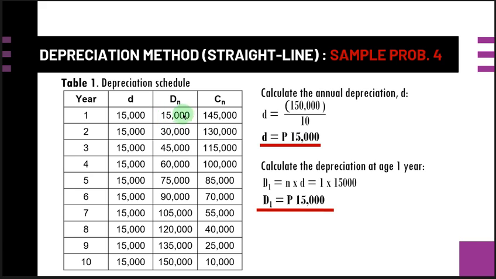As you can observe, we have a small d on this second column. On the third column, this capital D sub n refers to our value here. Our D sub n is just equal to D sub 1 for the first year, which is 15,000. Afterwards, we calculate the book value at the age of 1 year, denoted by C sub n, in this case C sub 1.